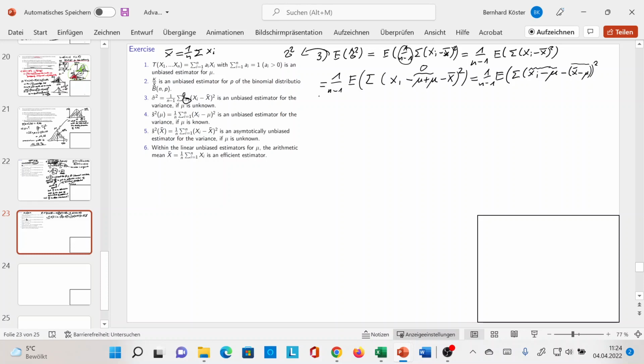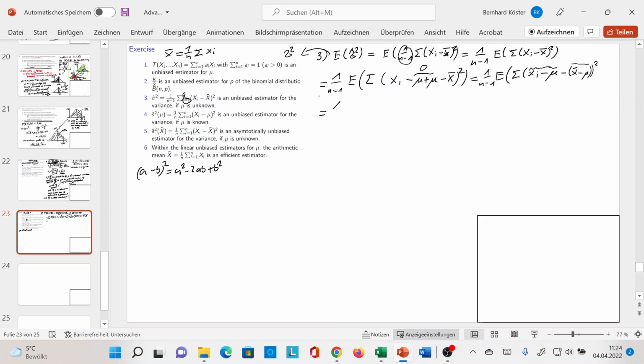And this is just the second binomial formula. You know, from (a minus b) squared is a squared minus 2ab plus b squared.